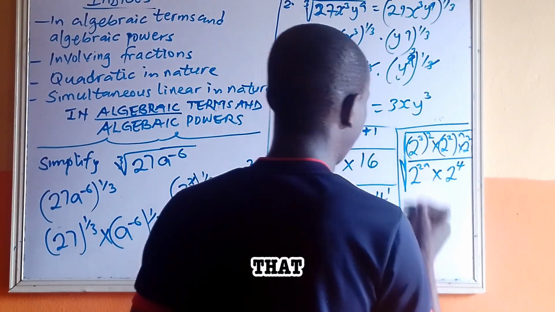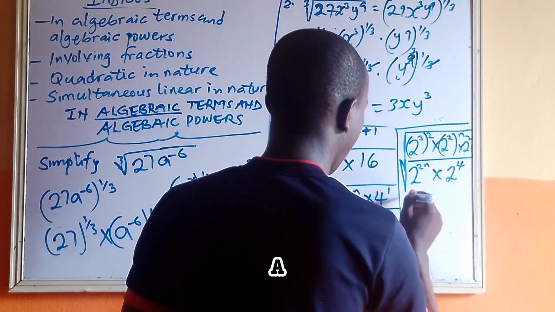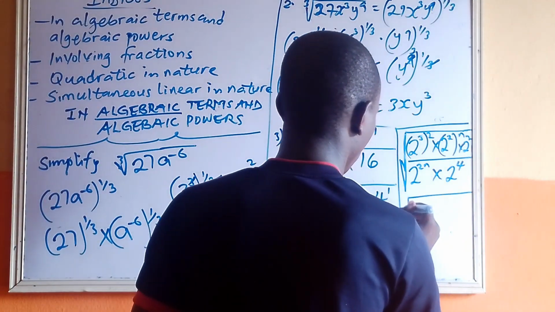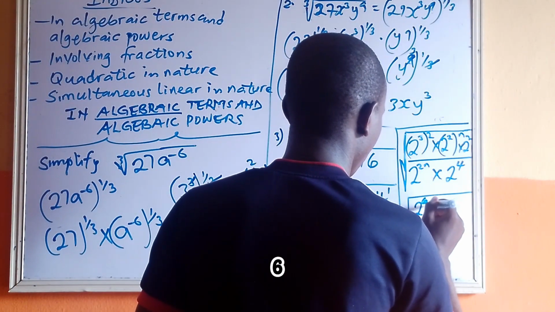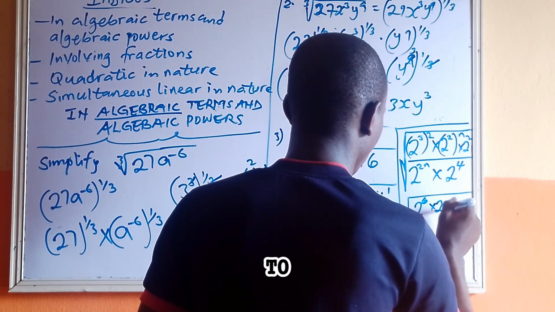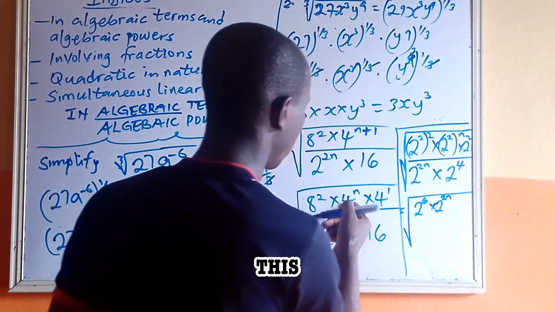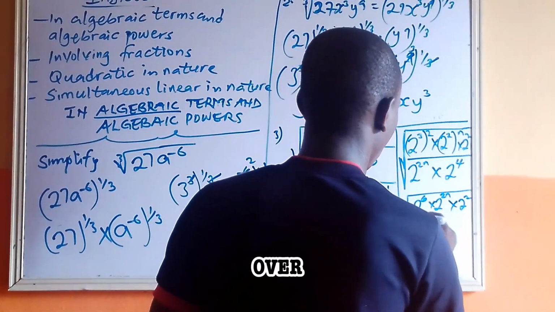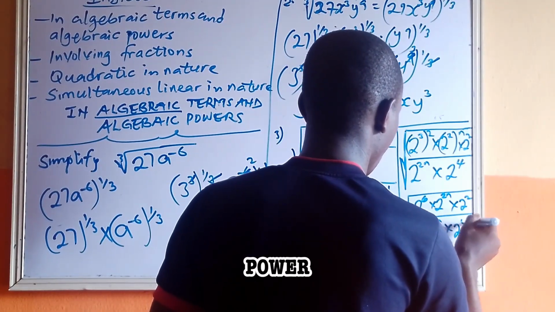So recall that the big root is still there. So from here, I can have the big root of 2 raised to power 3 times 2, 6, times 2 raised to power 2n times 2 raised to power 2, all over 2 raised to power 2n times 2 raised to power 4.